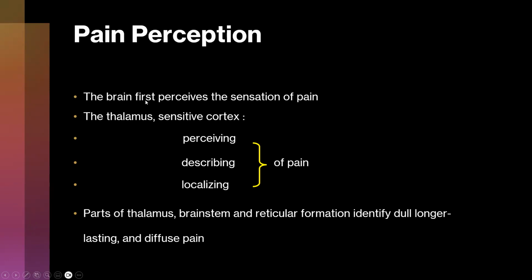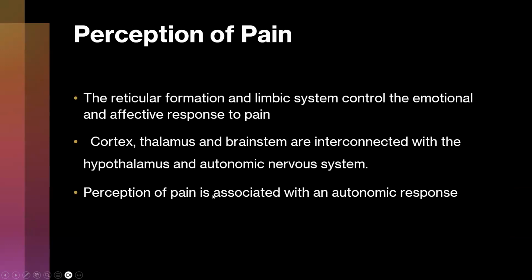The brain is the first to perceive the sensation of pain, with the thalamus and sensory cortex perceiving, describing, and localizing the pain. Parts of the thalamus, brainstem, and reticular formation identify dull, longer lasting, and diffused pain. The reticular formation and limbic system control the emotional and affective response to pain. Cortex, thalamus, and brainstem are interconnected with the hypothalamus and autonomic nervous system. Perception of pain is associated with an autonomic response.